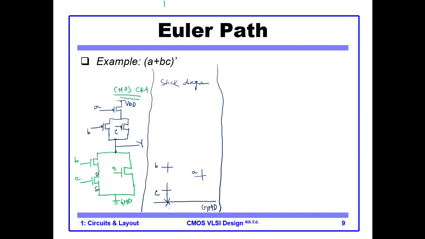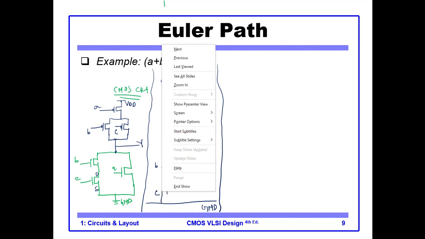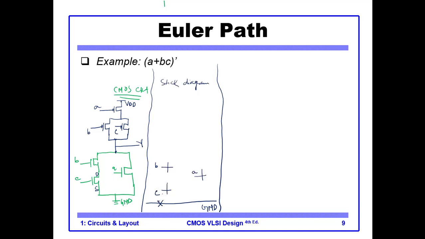Okay, so this is a contact, this is the source. Sorry, so this is the ground, and let's say this is the source. So this is the source of C, this is the drain of C. Okay, the source of C is now connected to the ground. This is the drain, this is the source.